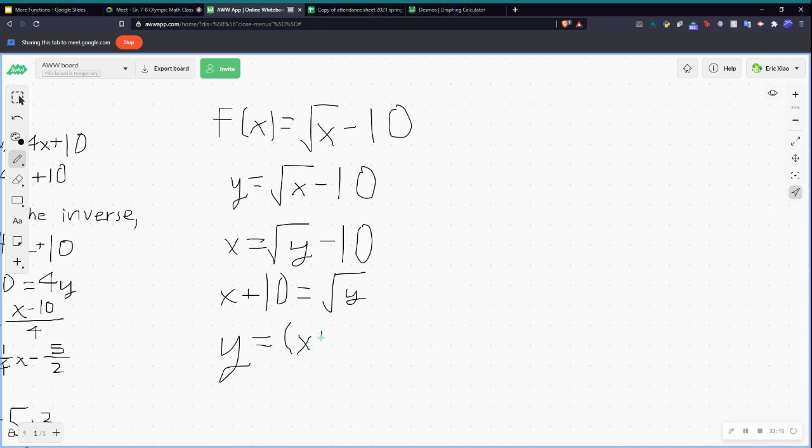So we just have y is equal to x plus 10 squared. So that's your function. You could expand this if you want to, but usually leaving the brackets like this is a more simplified version. And this is a function, because it's a parabola, as you can see, x plus 10 squared.